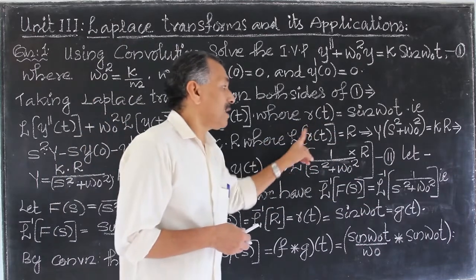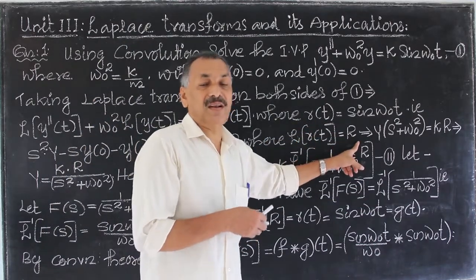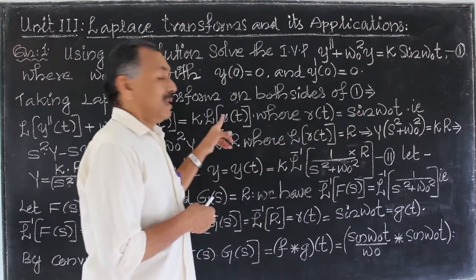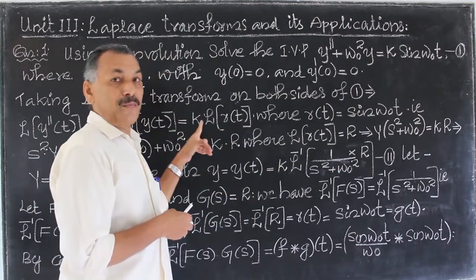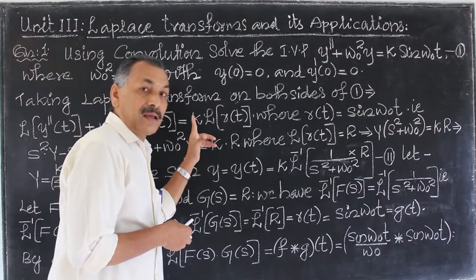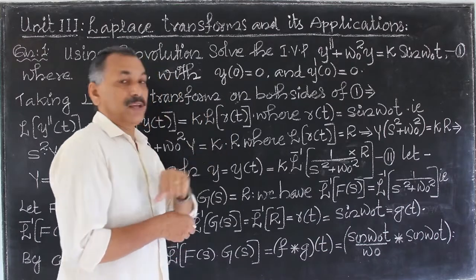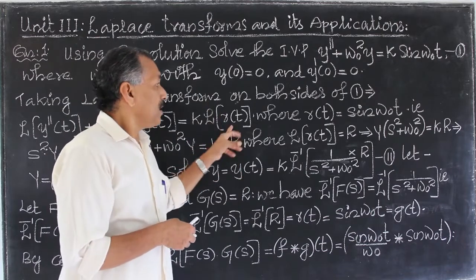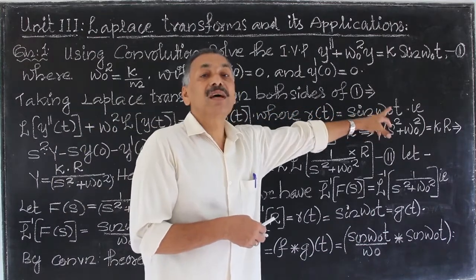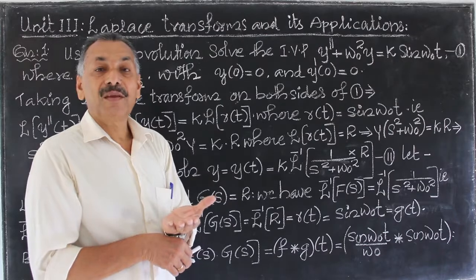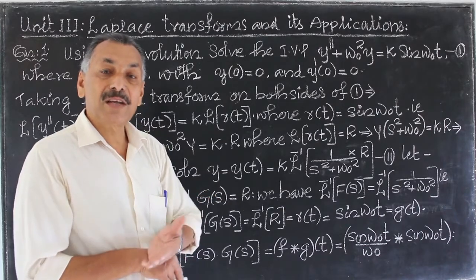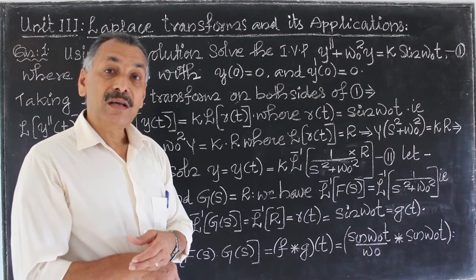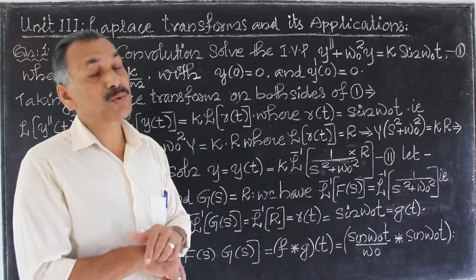L of r of t is equal to capital R. r of t എന്താണ്? sin omega t ആണ്. sin omega 0 t യുടെ ലാപ്ലാസ് ട്രാൻസ്ഫോം ഏതാണ്? omega 0 ഡിവൈഡഡ് ബൈ s സ്ക്വയർ പ്ലസ് omega naught സ്ക്വയർ എന്നറിയാം.